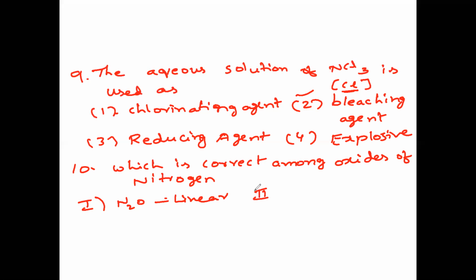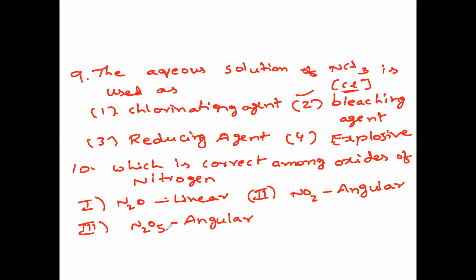Second statement: NO2 is angular. Third statement: N2O5 is angular. Out of these three, which is correct? The answer is only 1 and 2 are correct.